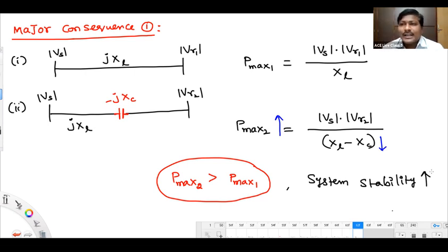That's why most of the times we call the series capacitor a stability improvement device, rather than a voltage control device, because this is a dominant feature of series capacitor placement.